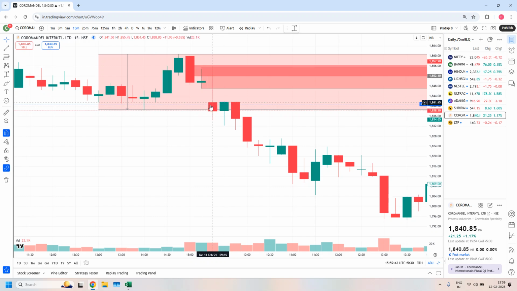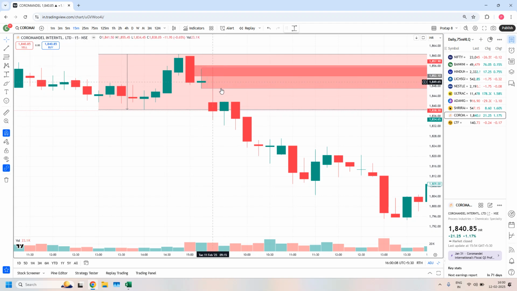And moreover, this entire body came out of the zone and moved out of the zone. This entire body is not near the zone. So definitely in dynamic view, it is a very big drop candle. So, drop base drop, 15 minute zone.